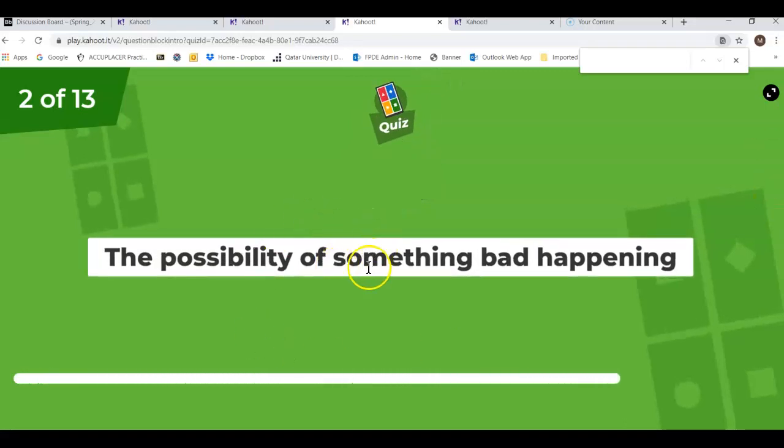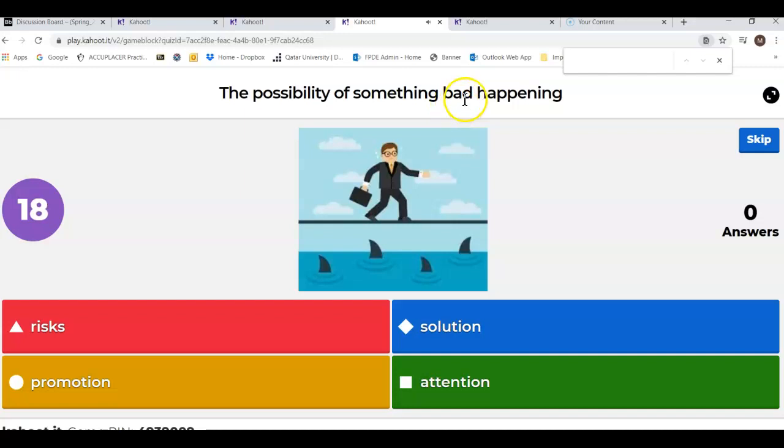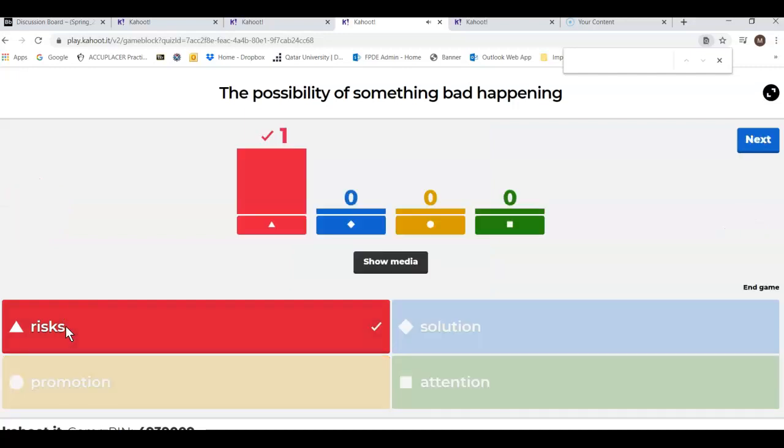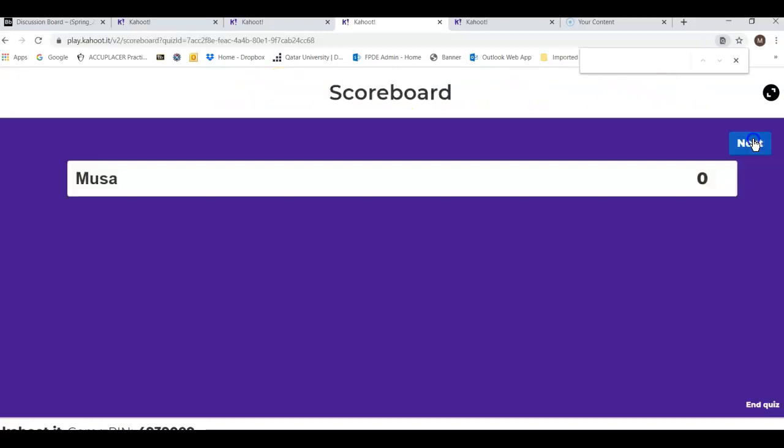The possibility of something bad happening. Something bad might happen to you. Which one of these words? Risk, solution, promotion, or attention? The right answer is risk. Risk or risks. The possibility of something bad happening.